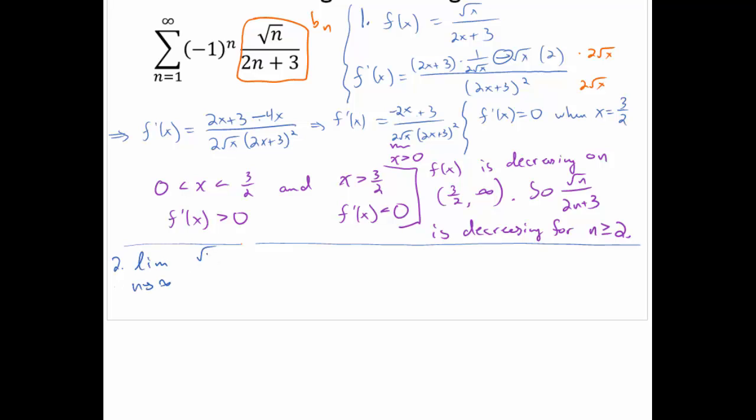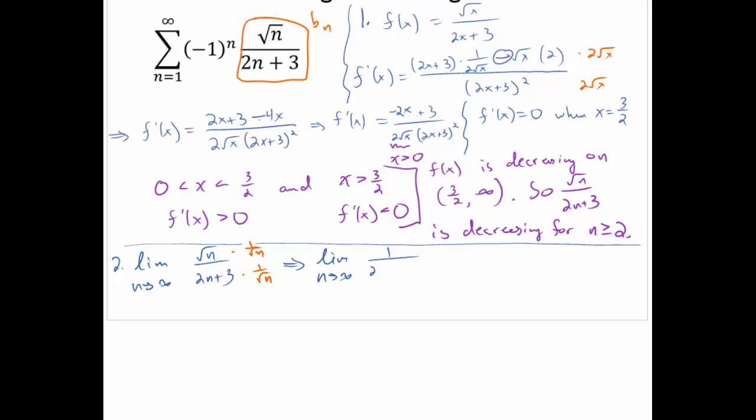That's root n over 2n plus 3. I think we could probably use L'Hopital's rule. I'm going to use a calculus 1 technique though and multiply by 1 over root n in both the numerator and denominator, yielding the limit as n approaches infinity of 1 over 2 times n over root n.